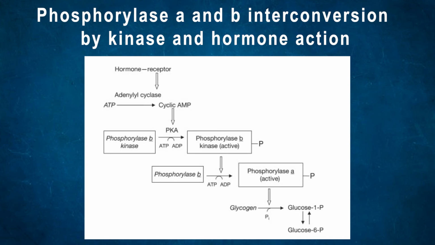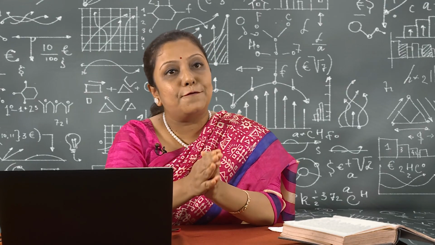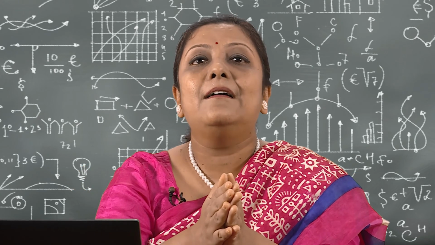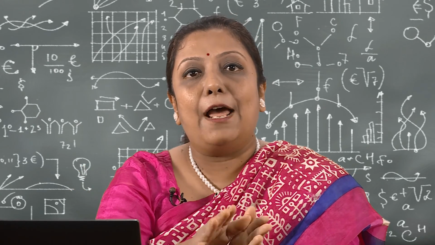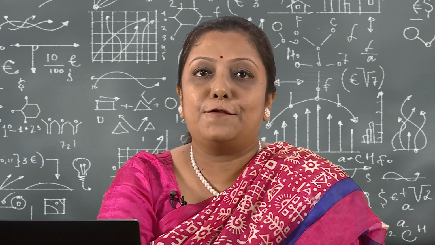Then only does it become able to break down glycogen to form glucose 1-phosphate and a reduced glycogen residue. By the presence of phosphorylase phosphatase, all those phosphate residues can be removed from the active phosphorylase a, and once again it goes back to the original inactive phosphorylase b.